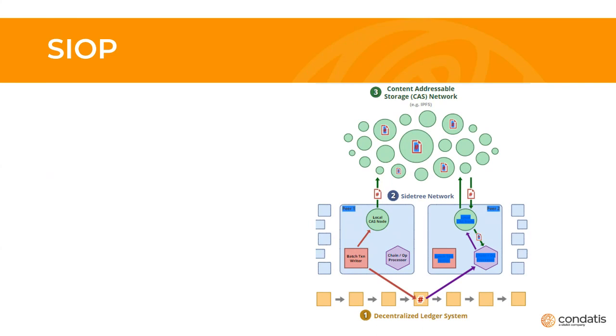The last part of SIOP I'd like to talk to you a little bit about is the distributed ledger technology that's used with SIOP, and that's the ION network. Microsoft uses SideTree and the Identity Overlay Network, or ION, to provide a way to locate a decentralized identifier, or DID.